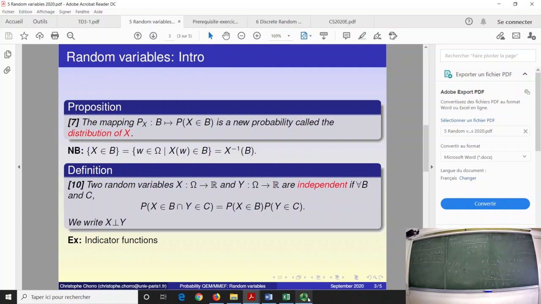So, if I want to prove the proposition 7, I have to prove that Px defined this way is a probability. What is the definition of a probability? 0 to 1.